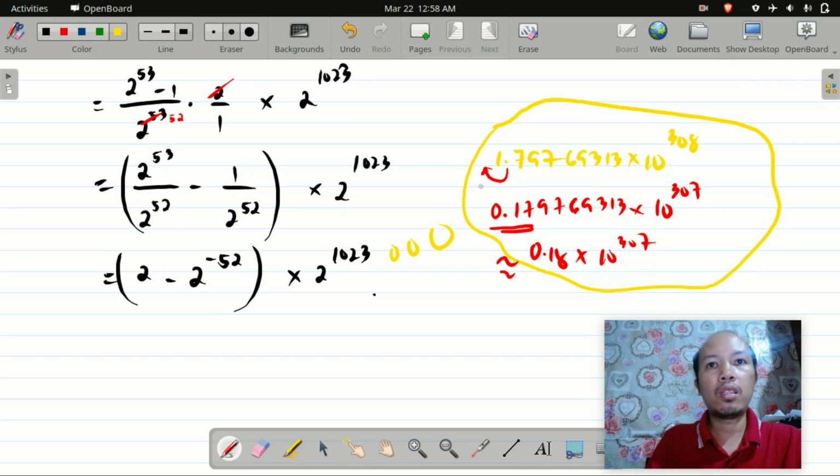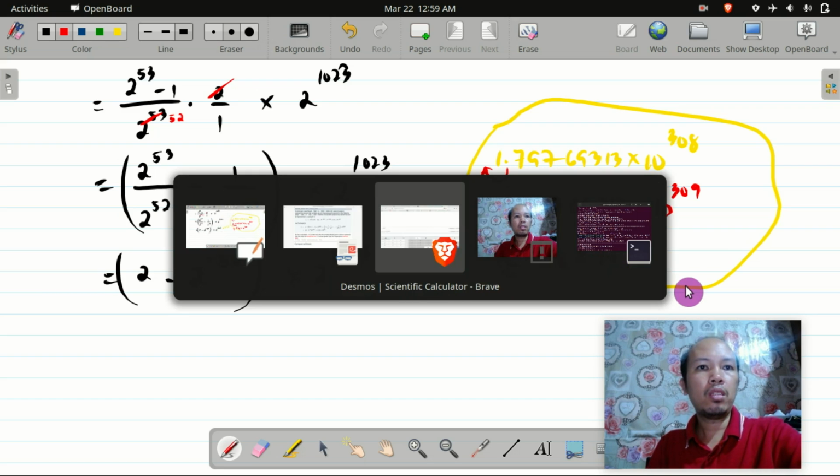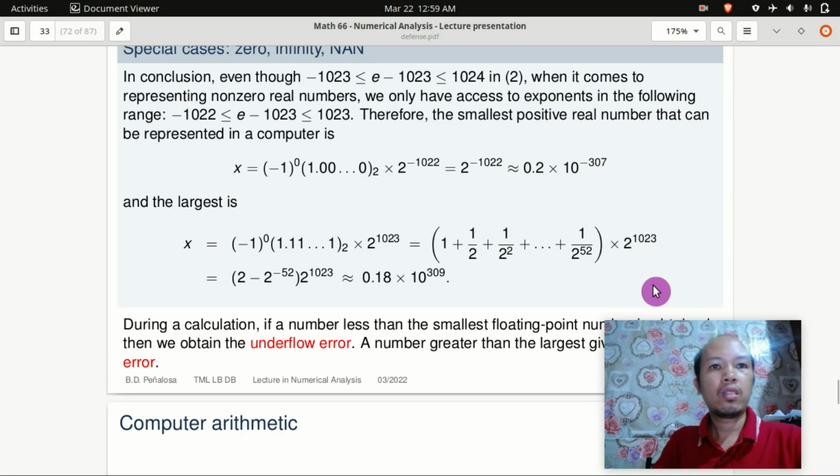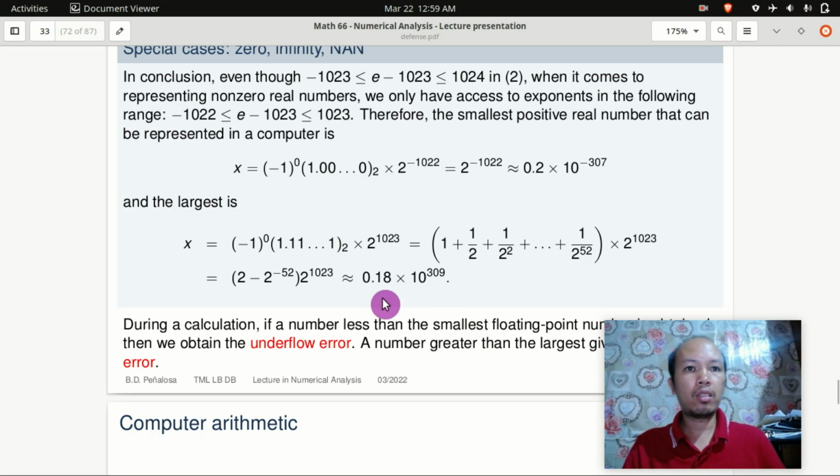Sorry for that one. So since we move one place to the right, that's the reason behind these numbers.